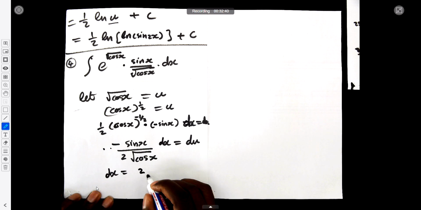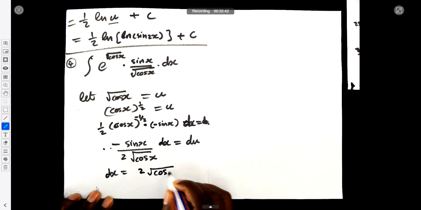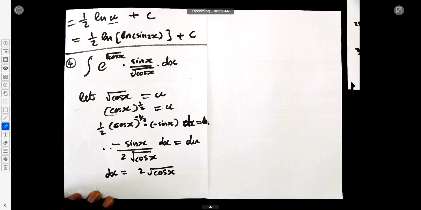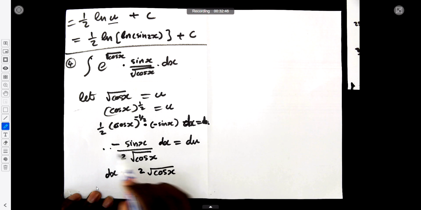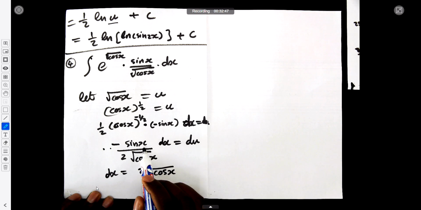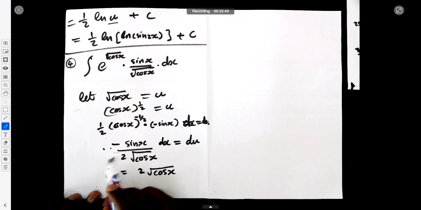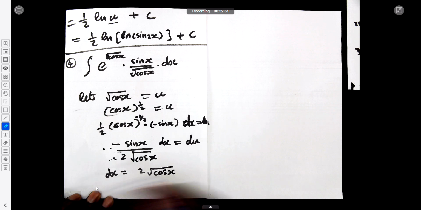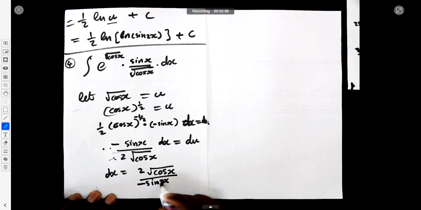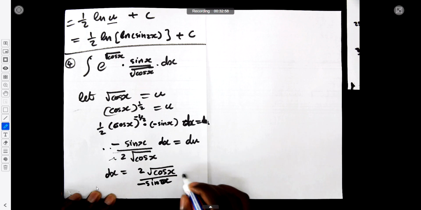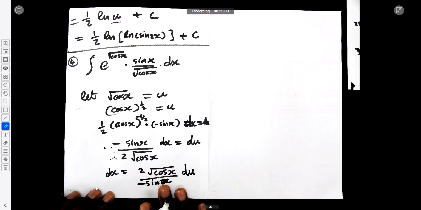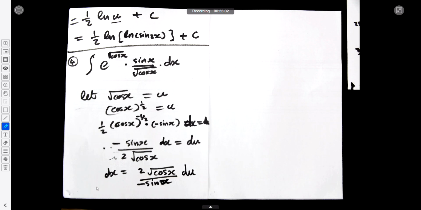On the right hand side it is divided, so we have negative sin x.